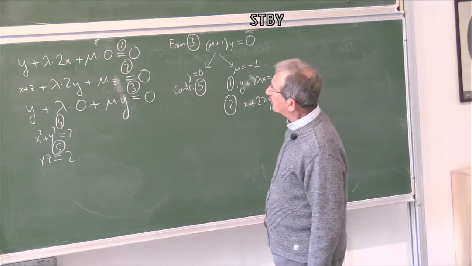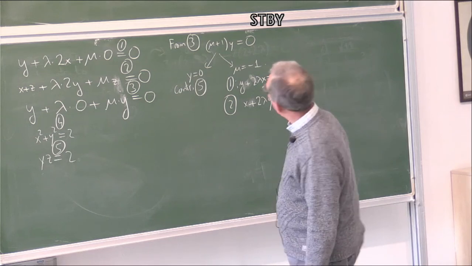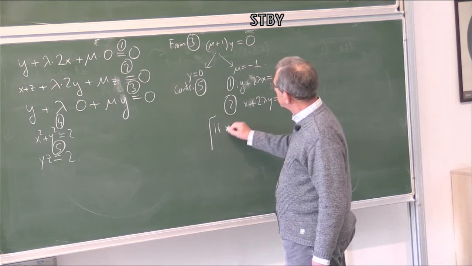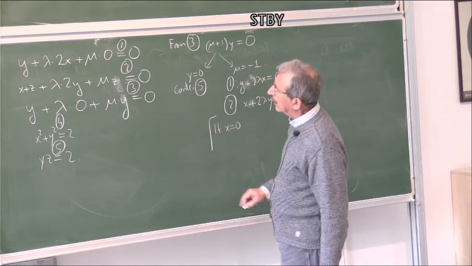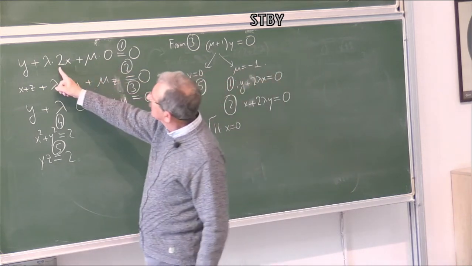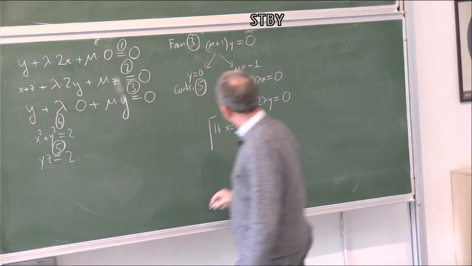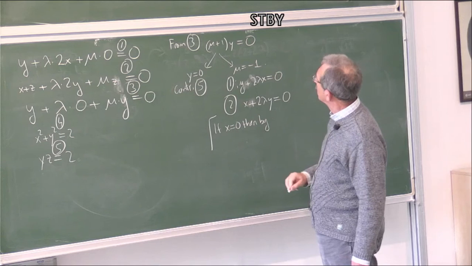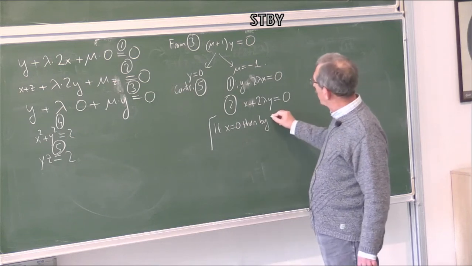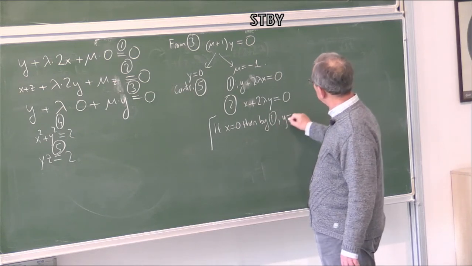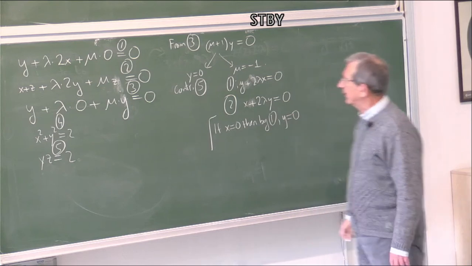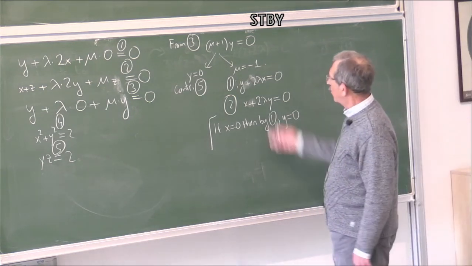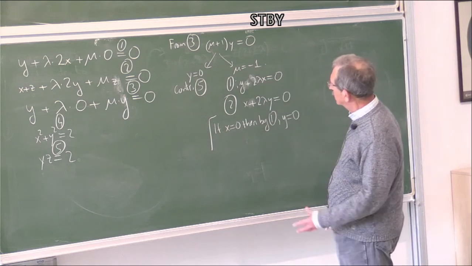Now, if x or y is 0, let us observe here that if x is 0, for example, then one says that y must be 0. Then by 1, y is 0. Or from here, y is 0.